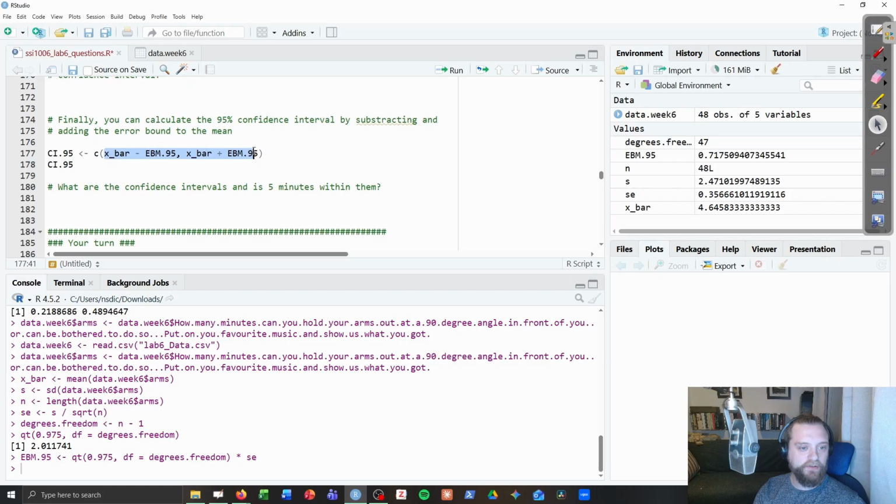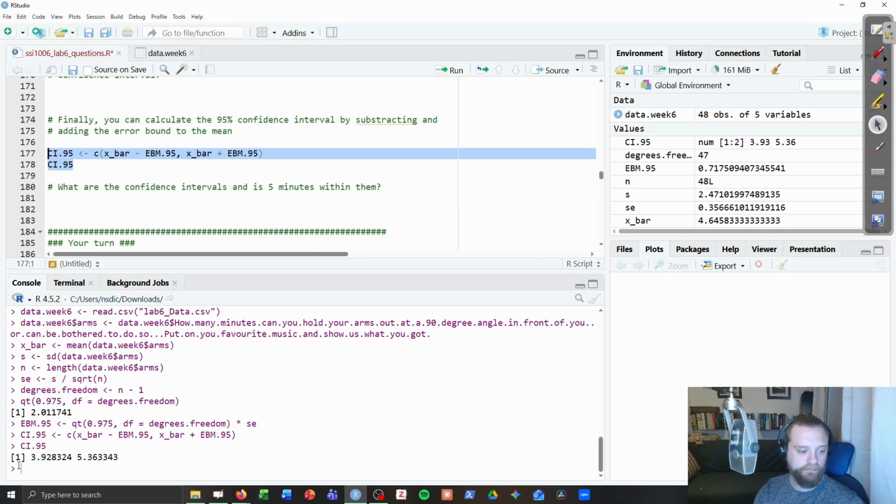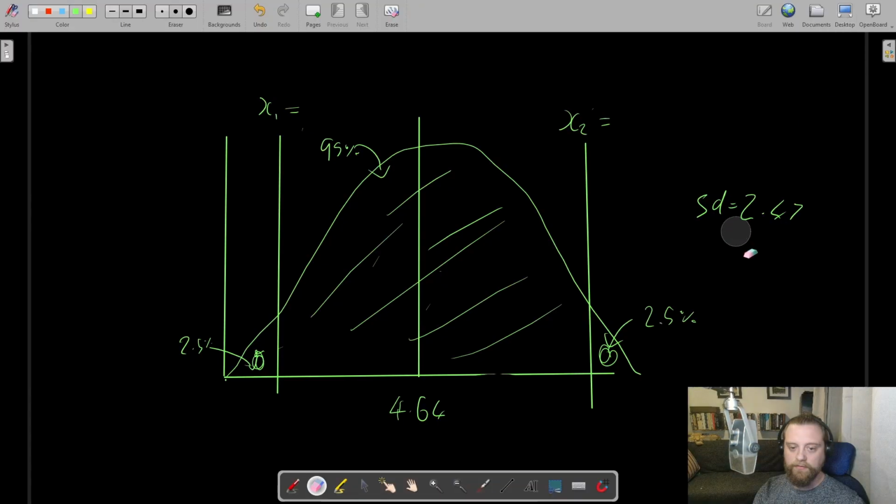And then our procedure is exactly the same. So we take our EBM and subtract it from X bar, and take our EBM and add it to X bar. So we're adding, in this case, 0.71. So 3.92 and 3.36. Again, if we look at this graphically, we're adding 0.71 and we're subtracting 0.71.